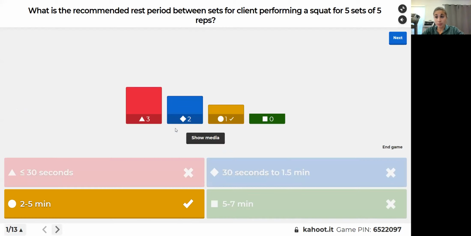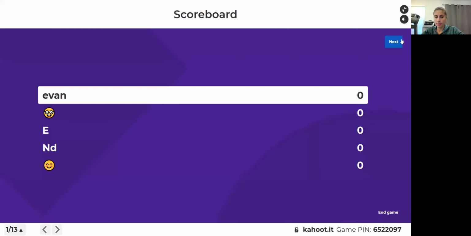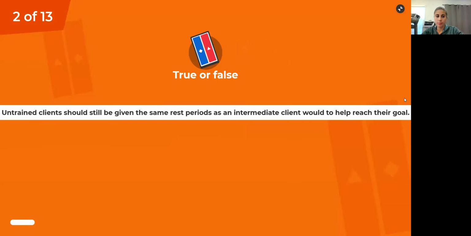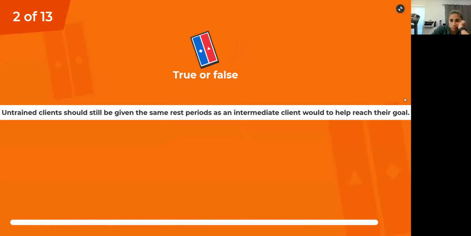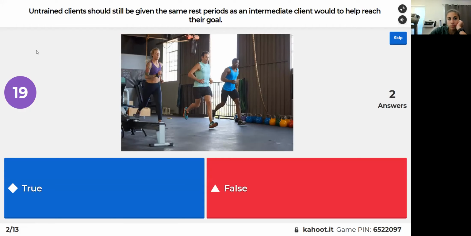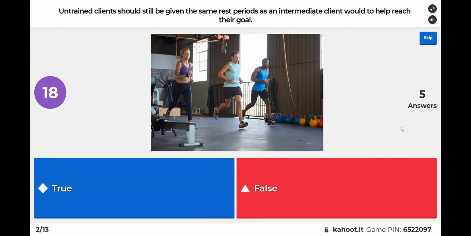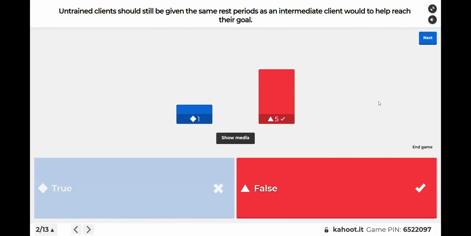That's five repetitions. That's going to be strength. So that's two to five minutes rest. Good job.